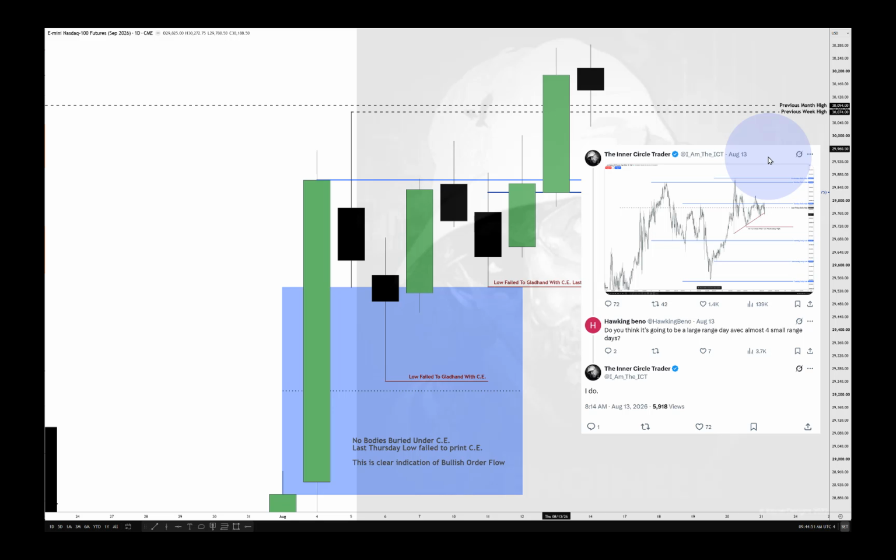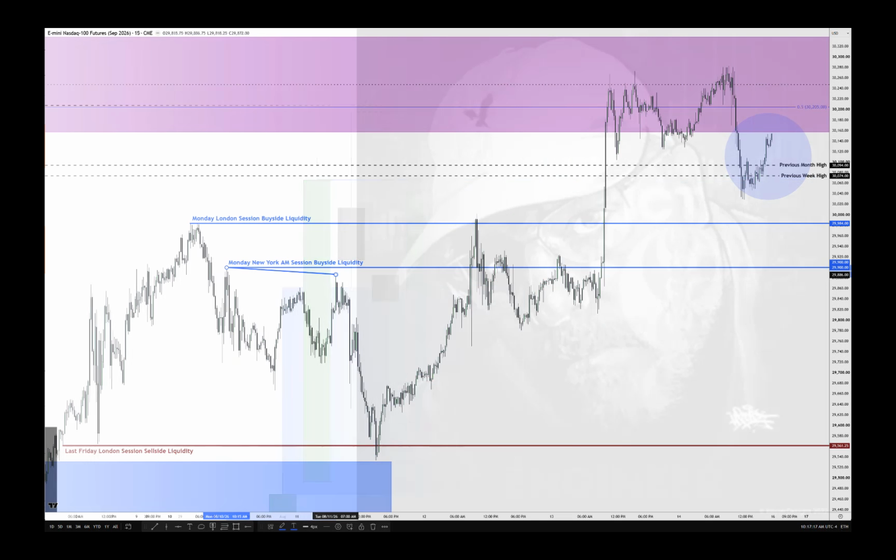So I'm teaching by principle and theory that I've already taught ad nauseam for years: how to determine the draw on liquidity, how to determine the bias, how to determine where the market's going to go. And I'm giving you the details as to why I felt inclined to be so forward with it in the public eye. Okay, so continuing on, we're going to drop down into a 15-minute time frame.